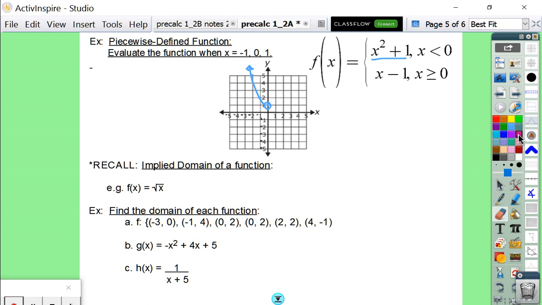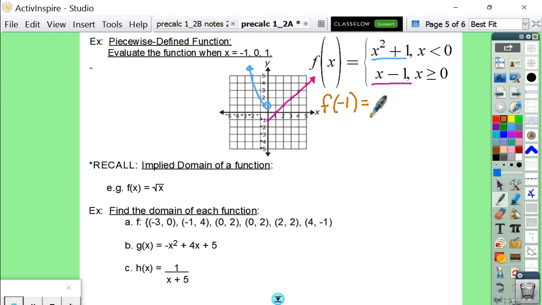So now for the other side, I'm going to graph this, the x minus 1, which is a line that starts at negative 1 and goes up 1 over 1. And so now if I wanted to evaluate my function when x is negative 1, then really all I'm doing is, okay, what's f at negative 1? And I have two ways. I can look at my graph.